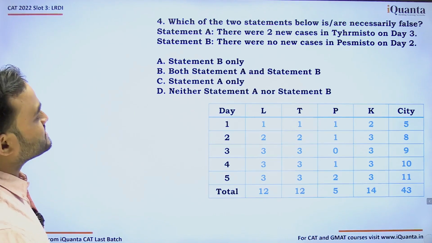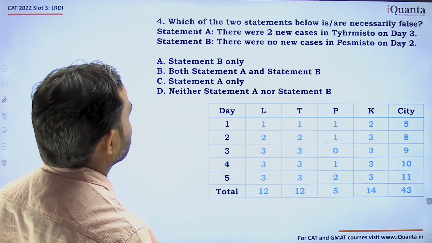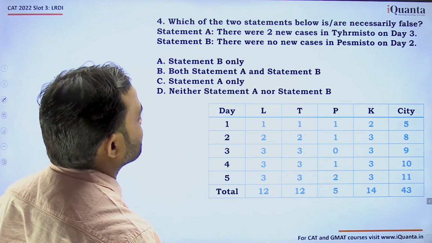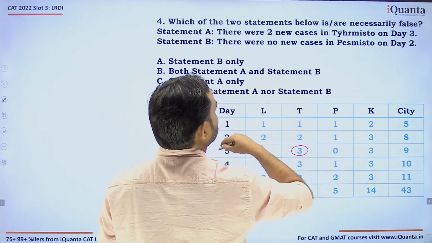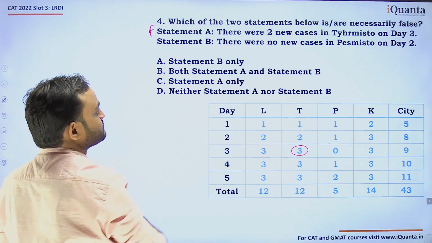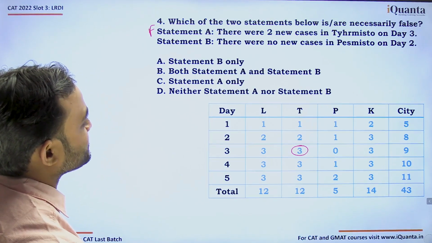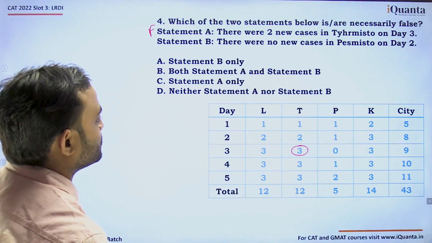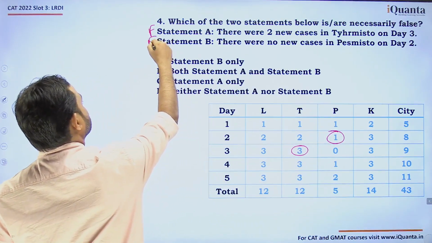Which of the two statements below are necessarily false? Statement A. There were 2 new cases in T on day 3. T day 3. It's 3. So definitely this is false. Statement B says there were no new cases in Westminster on day 2. Day 2 Westminster had 1 case. Again, this is false.